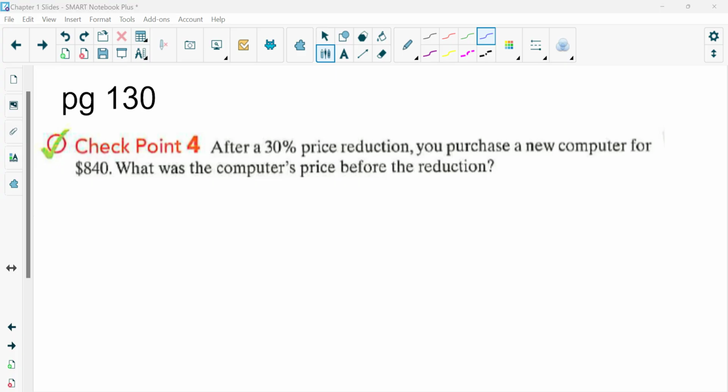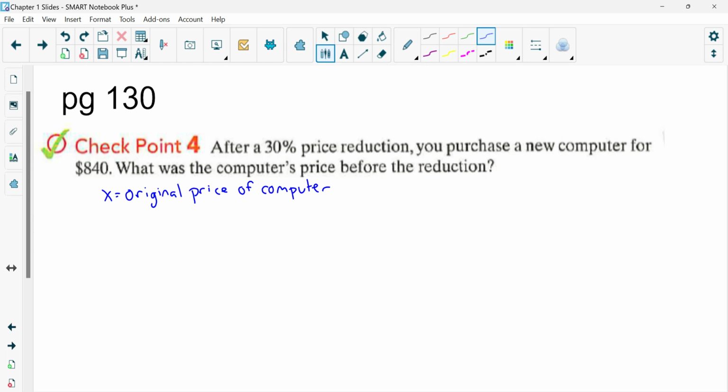The computer price before the reduction, right? So that's going to be our variable. So x equals the original price of the computer. That's a little recommendation: whatever the question's asking you is always probably going to be your original variable.